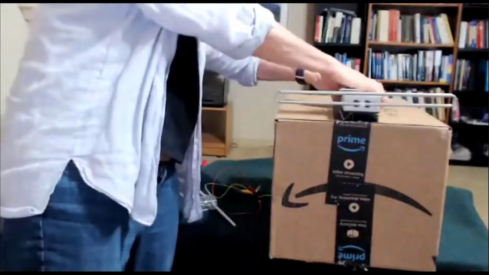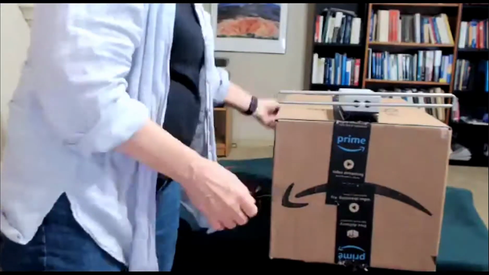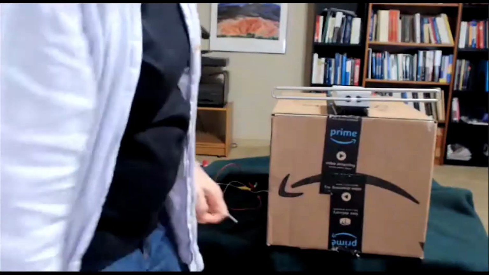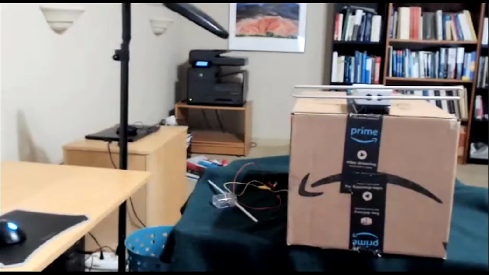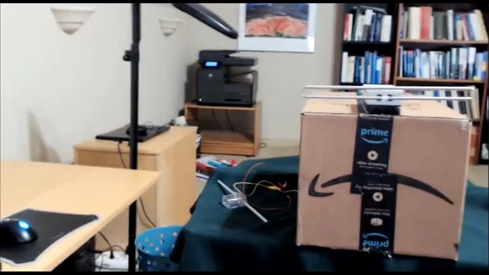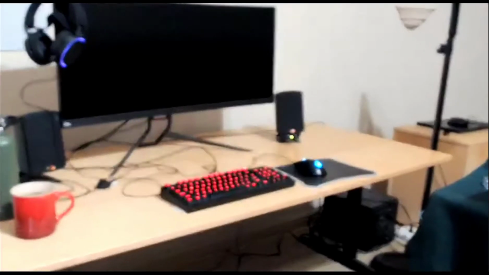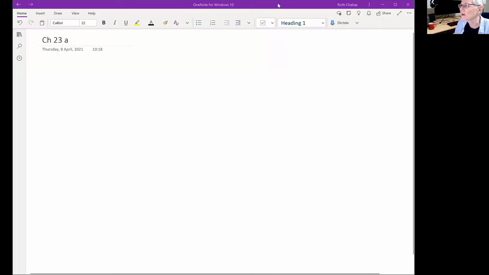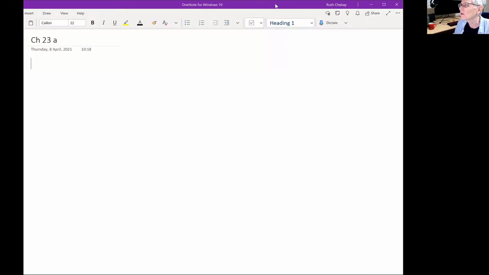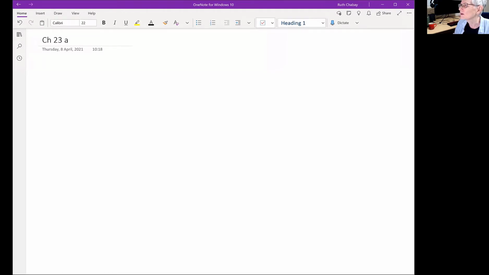So the goal today is to start working on understanding what's going on in this situation. Let's think about what we understand now that we might not have understood at the beginning of the semester about what has to be going on in that light bulb to make it light.